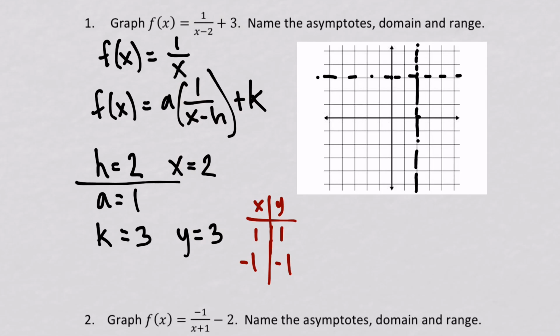Now I'm going to transform that to a new function using my h, a, and k. My h value basically is telling me to add 2 to all my x values. So I'm going to add 2 to everything. It's going to be 1 plus 2, right? 1 plus 2 is 3.